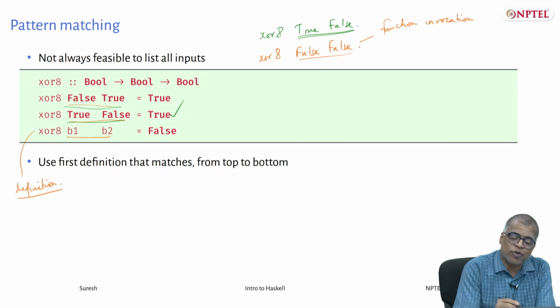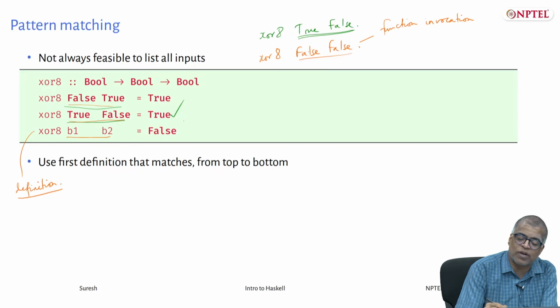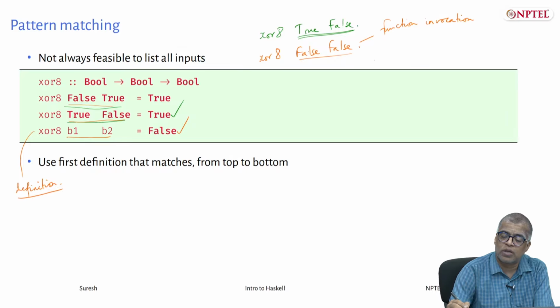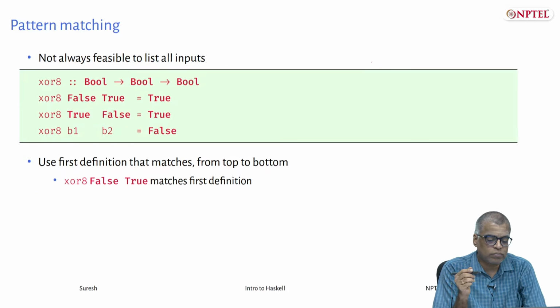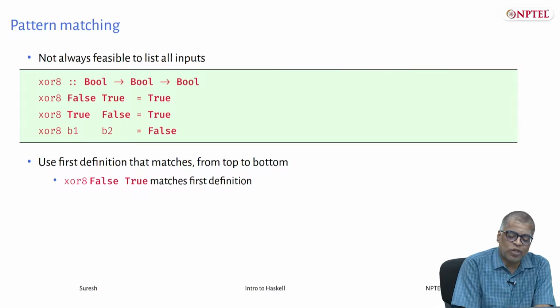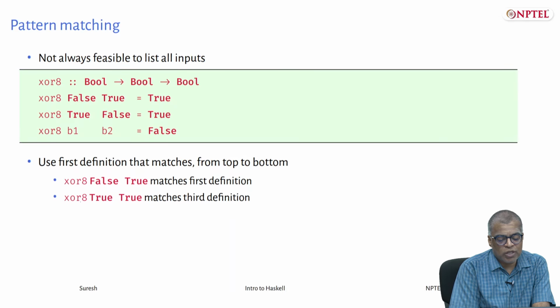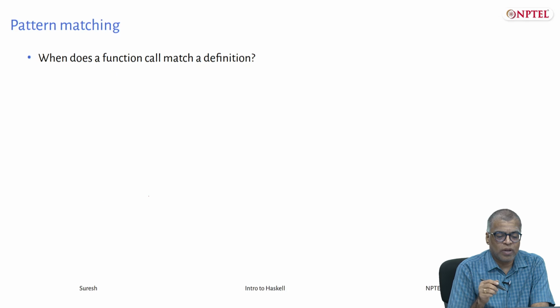So, false, false will actually match the third line of the definition, and so you will return false. Similarly, XOR 8 true, true will match the third line of the definition, and once again you will get the output false. So XOR 8 false, true matches the first definition. XOR 8 true, true matches the third definition.